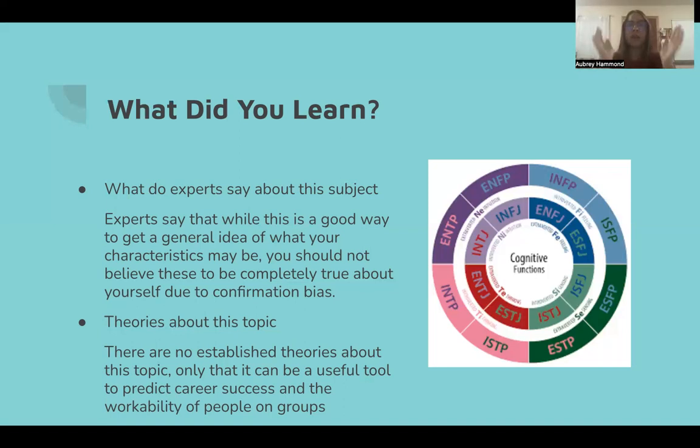My concluding statement is, just like I said, while it's not a good way to nail people down on who they are and how they act, it can be a good way to get a general idea, but it's super important that we take it with a grain of salt and see the whole picture, and not just what our 16 personalities are, because there can't really be 16 personalities for everybody. Everybody's going to be different. Everybody's going to be unique, but this is just a good way to get the general idea of some big character traits about people. So, yeah.